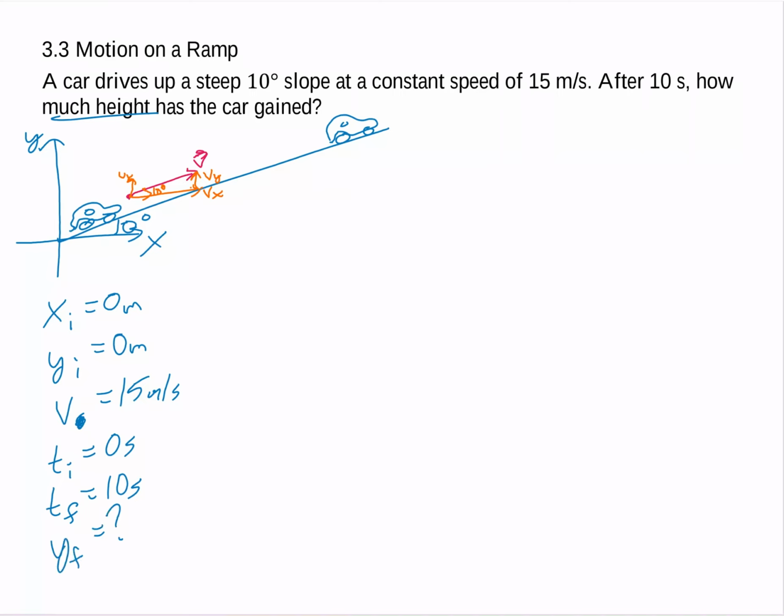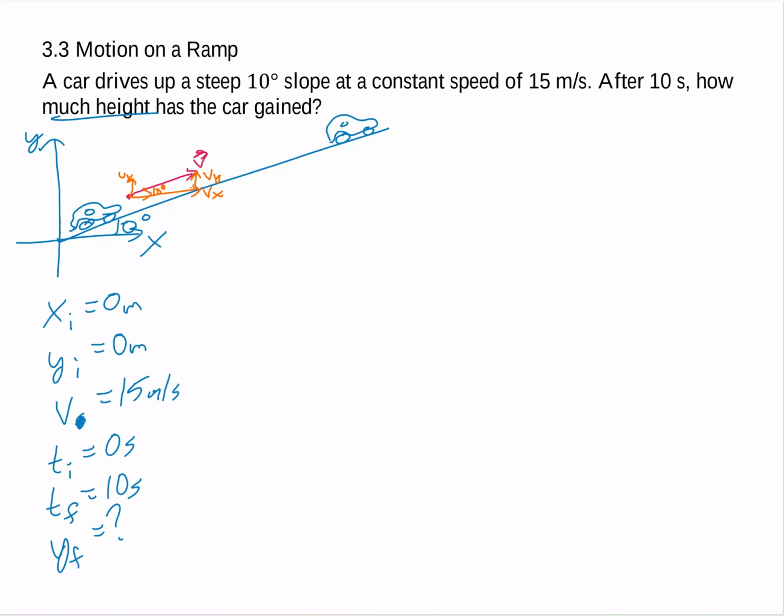Using a formula, but what do I need to know before I can use some formula to calculate y final? I know time final. I know y initial. By the way, this is why I didn't tilt the axes. If I tilted the axes, y would be in a strange direction. If I leave the axes the way that I did, y is straight up. And that's what I needed to answer this question.